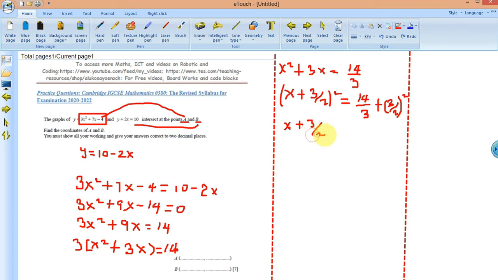So what I'm going to do now is go ahead and use my calculator to complete the expression on the right hand side.